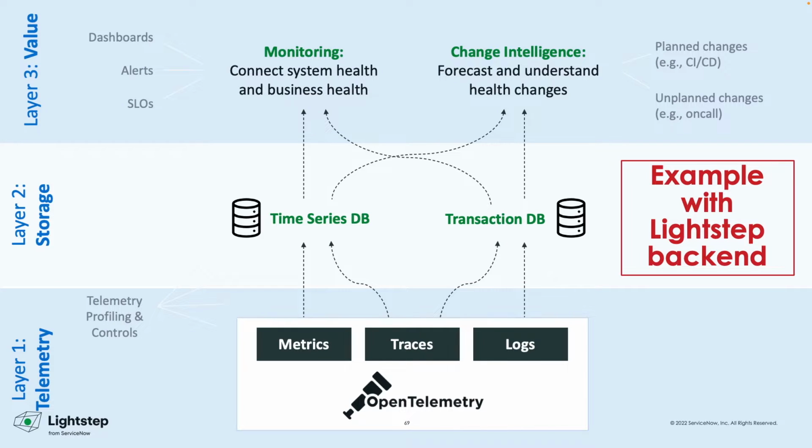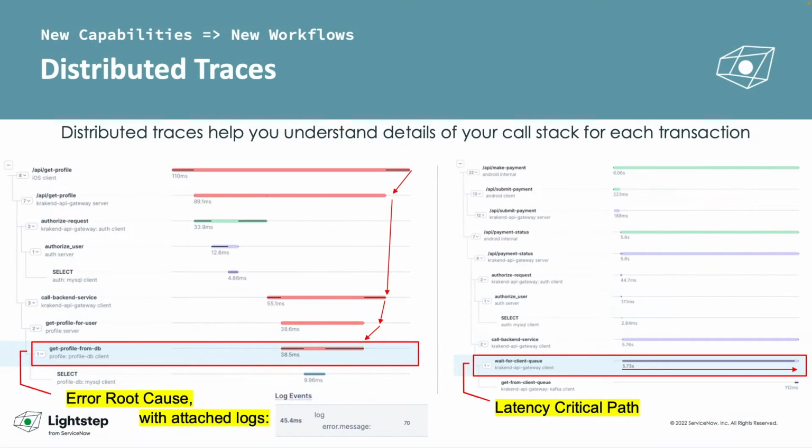Let's see a little more how this information could be displayed, and for this we will illustrate typically with distributed trace. Here you can see the power of distributed trace in order to do root cause analysis of a problem.